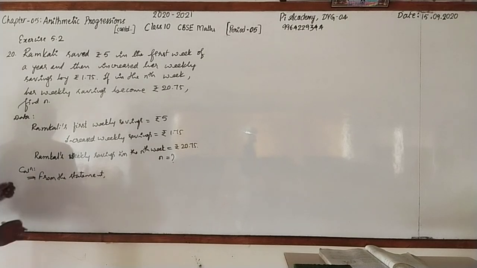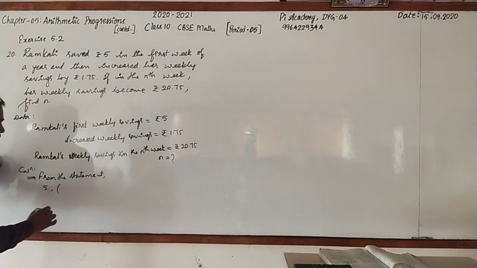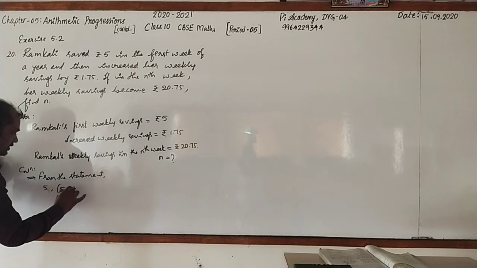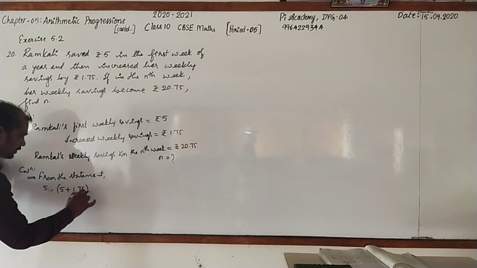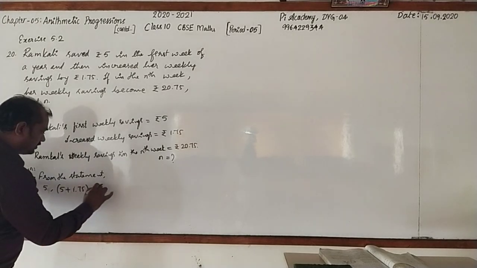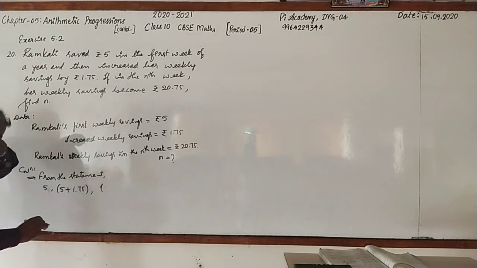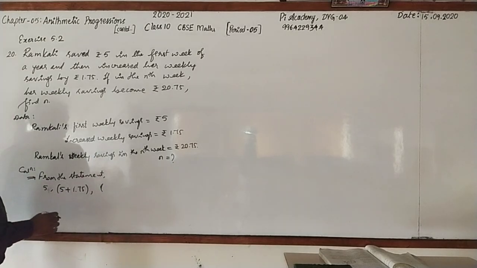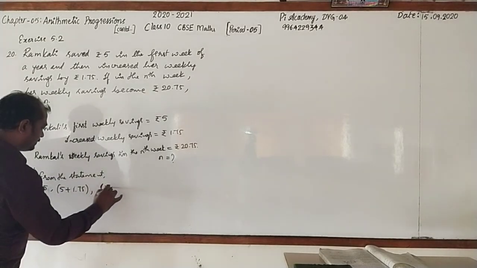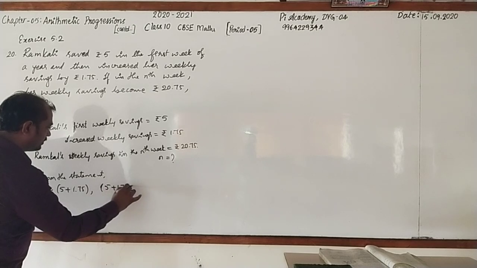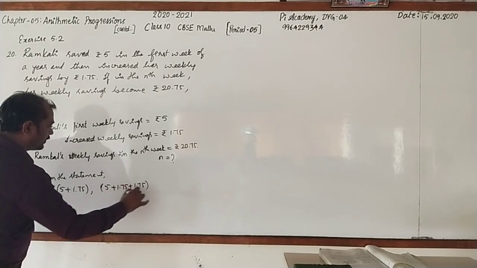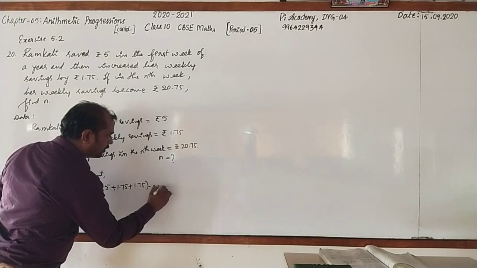we can write, observe it, in the first week our saving was ₹5. Next week it increases by 1.75, that is 5 plus 1.75. Then next week it again increases by 1.75, 5 plus 1.75 plus 1.75 and so on.